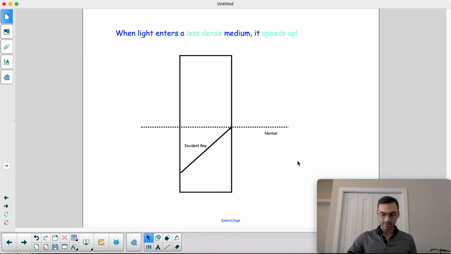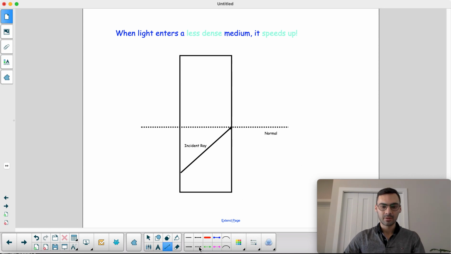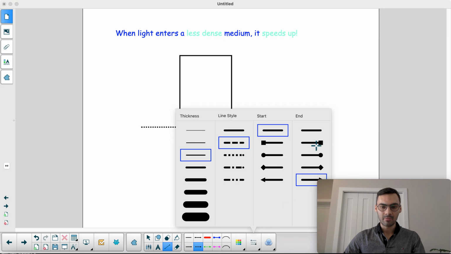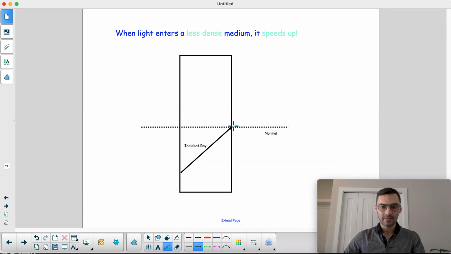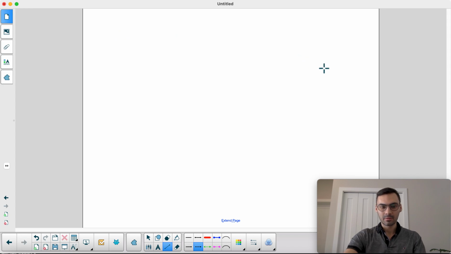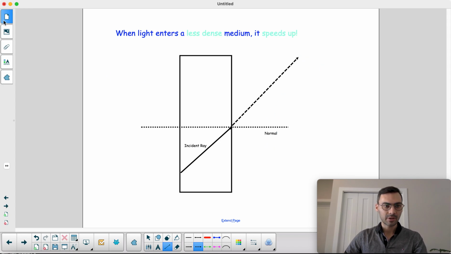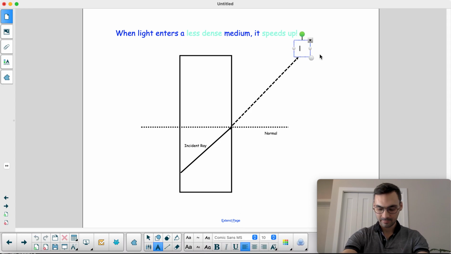All right, so on our last diagram, we also took a look at what the light would look like if no refraction occurred. If no refraction occurred, or if no bending occurred, we can call this the path if not altered.